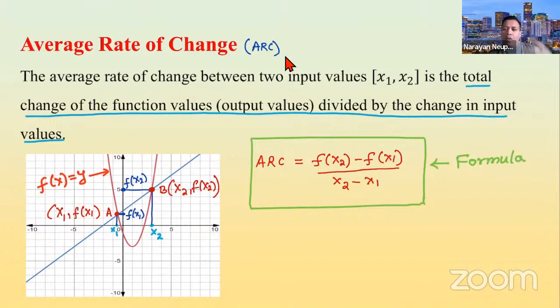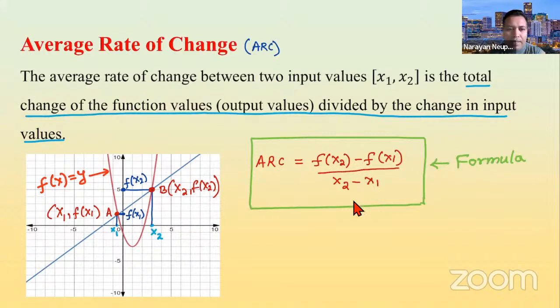Now, let's find out what we can get from this formula. If you look at this graph carefully, you can see point A is x1 comma f of x1. So the x coordinate is x1, the y coordinate is f of x1. Similarly, at point B, the x coordinate is x2 and the y coordinate is f of x2.